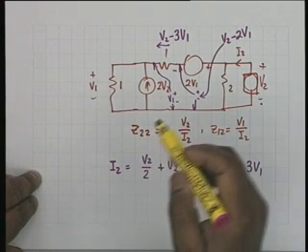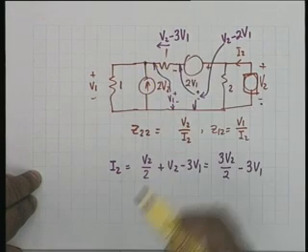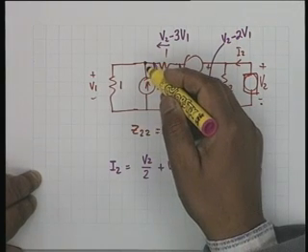And then you find out the KCL at this node.